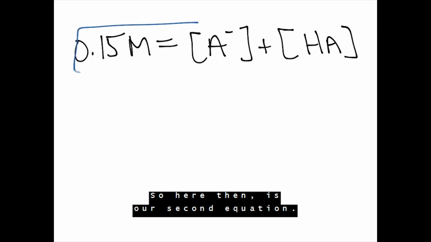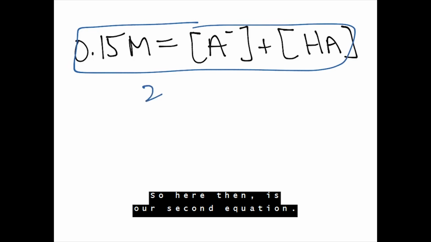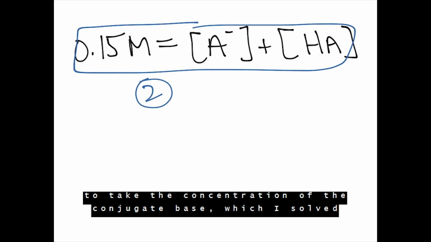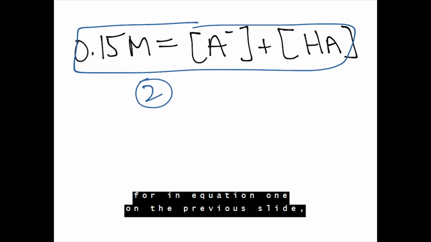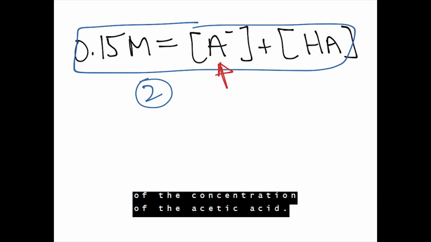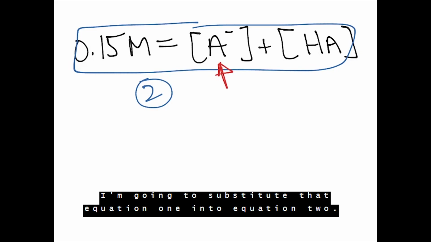So here then is our second equation. So what I'm going to do then is take the concentration of the conjugate base, which I solved for in equation 1 on the previous slide. So I solved for that in terms of the concentration of the acetic acid. I'm going to substitute equation 1 into equation 2.